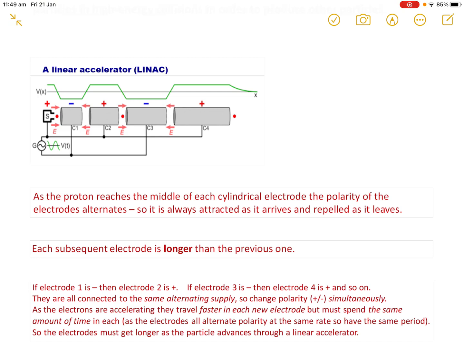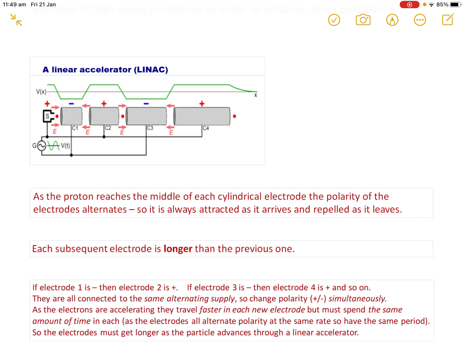And as it travels across that gap, it needs to be attracted to the next electrode. So at the point of entering cylinder number 2, electrode 2, cylinder number 2 has to be negative. But then when the proton reaches halfway through that one, it then has to become positive as well to repel the proton out. And this happens at each of the electrodes.